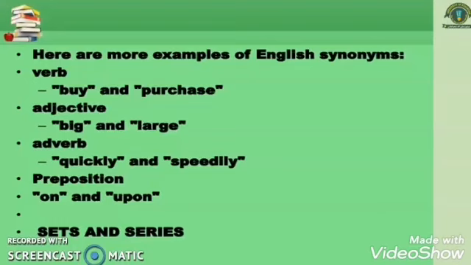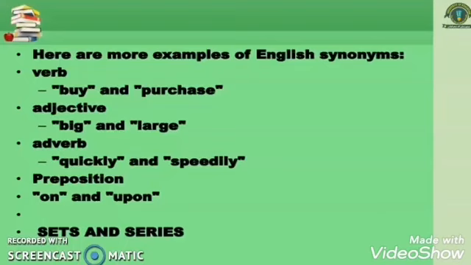So it is also a synonym, but not an adjective. This is a verb. The next adjective, big and large, is also a very common word. We use big instead of large, or large instead of big.